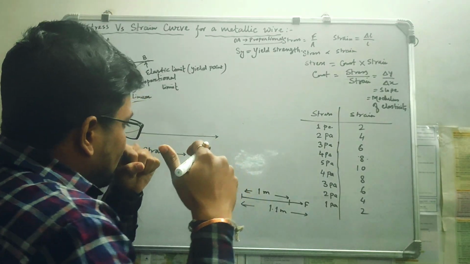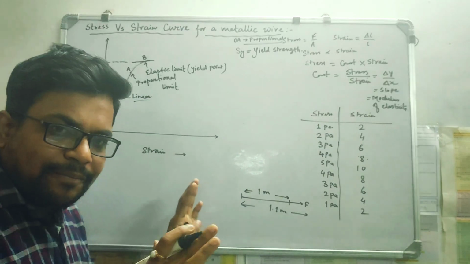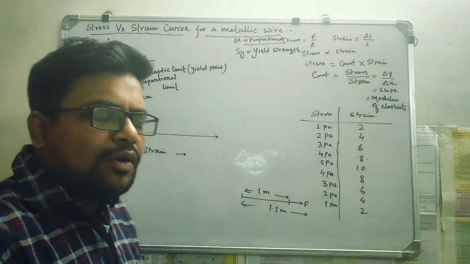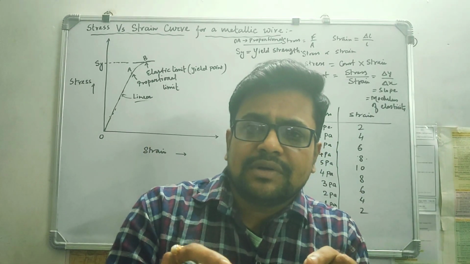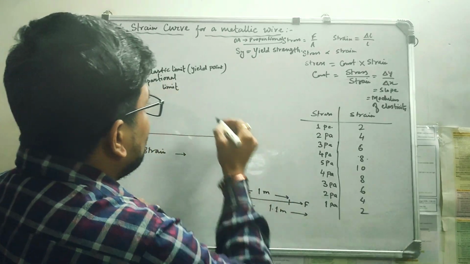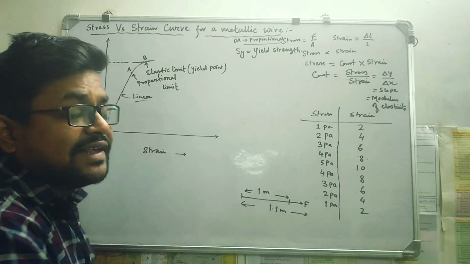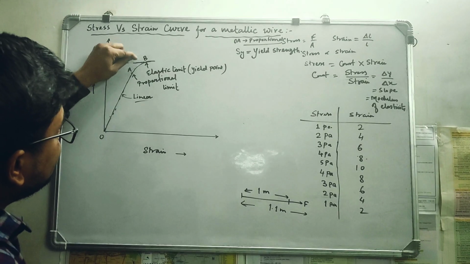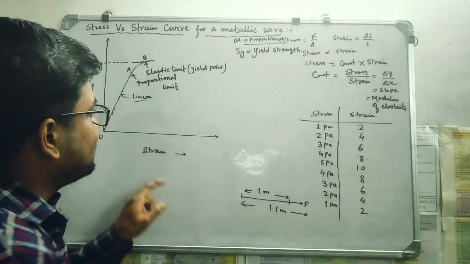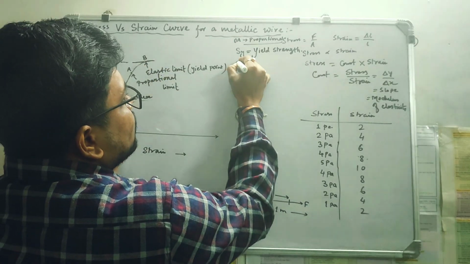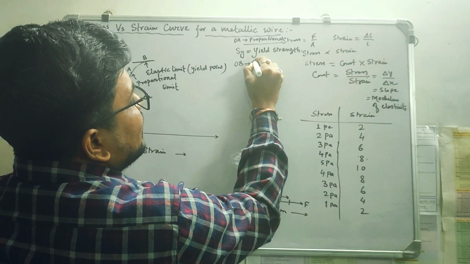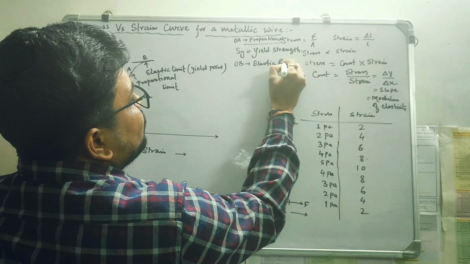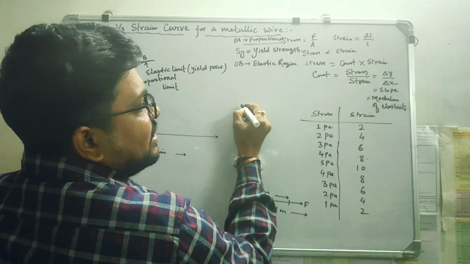Up to point B, wherever there are lots of points, if you remove the deforming force, the wire will get back to its original shape again. That means the wire will bounce back through this path BAO. From O to B is known as the elastic region.